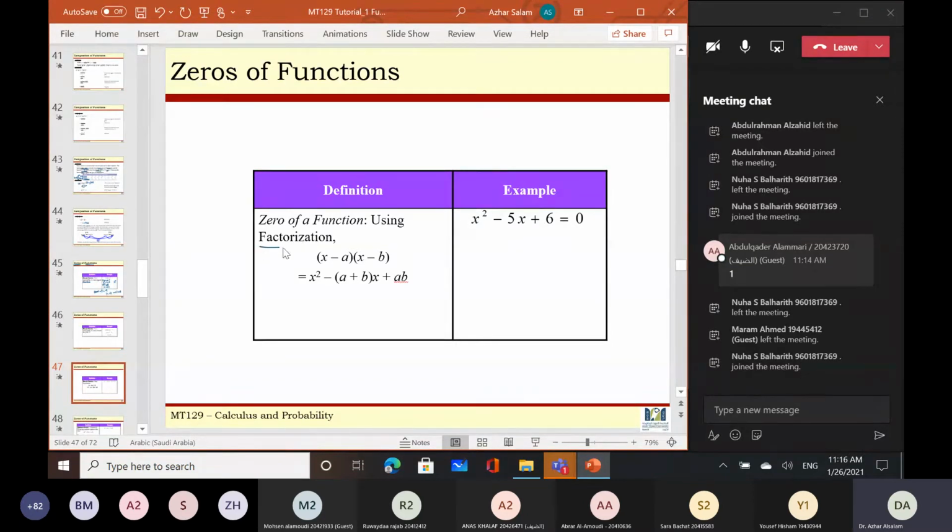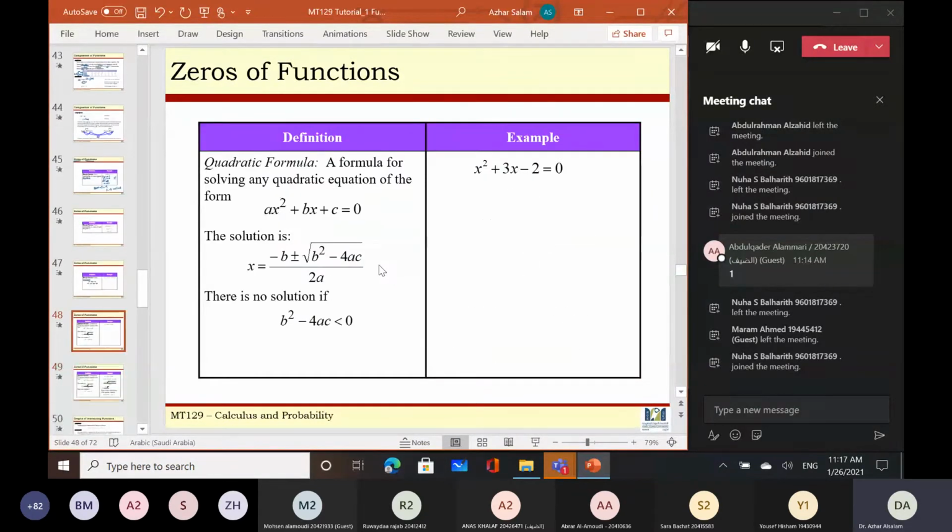One of them is factorization and the second is the quadratic formula. لإيجاد حل المعادلة من الدرجة الثانية عندي طريقتين. The first method is factorization, تحليل، عملية التحليل إلى أقواس. And the second method هي الصيغة التربيعية, the quadratic formula.